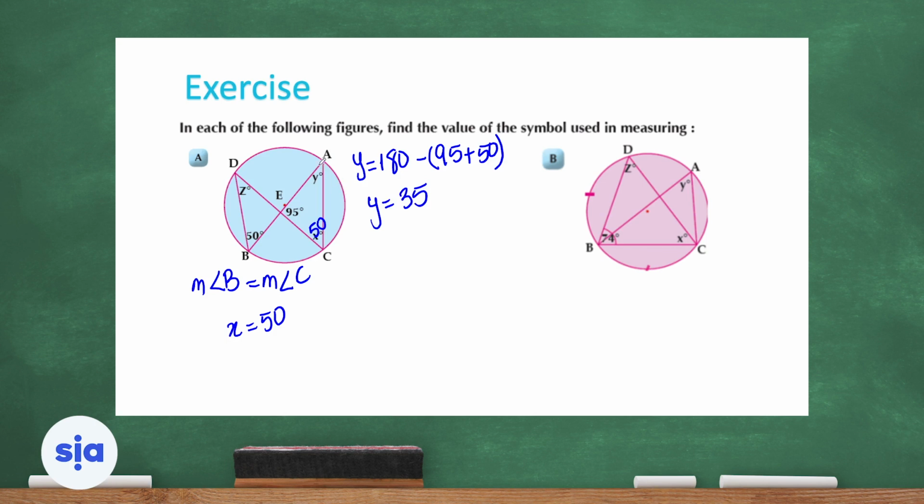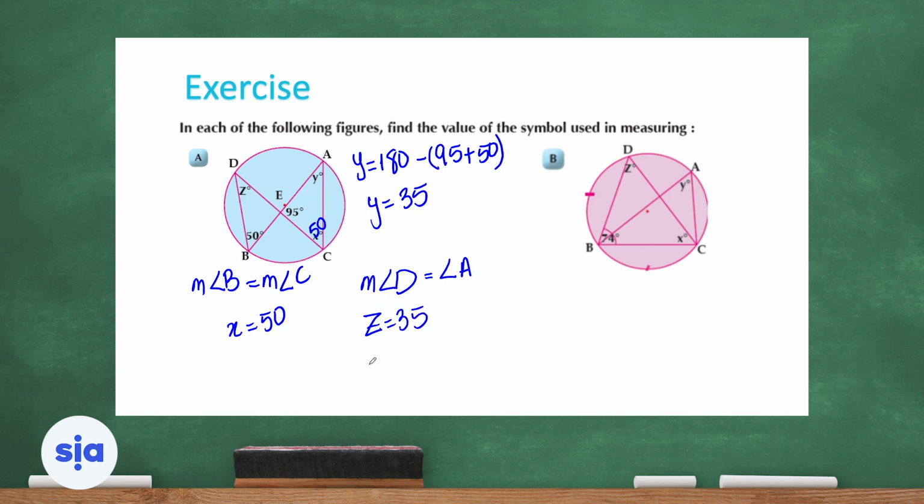As you can see, angle A and angle D are subtended from the same arc BC, and they are inscribed angles. Then the measure of angle D equals the measure of angle A. Then z equals 35.